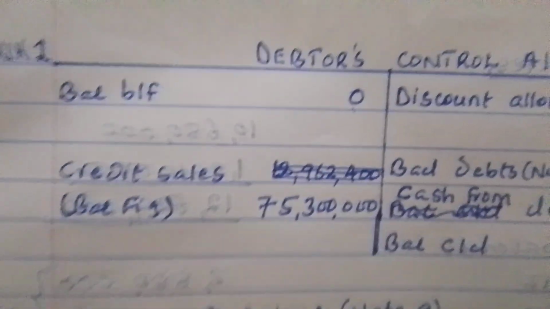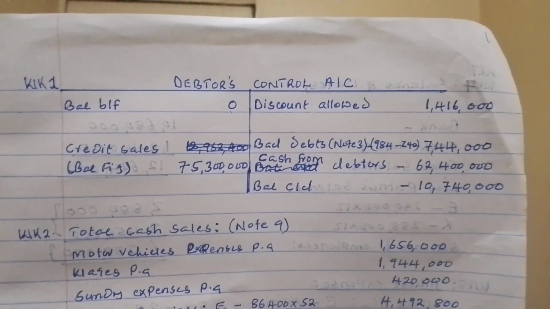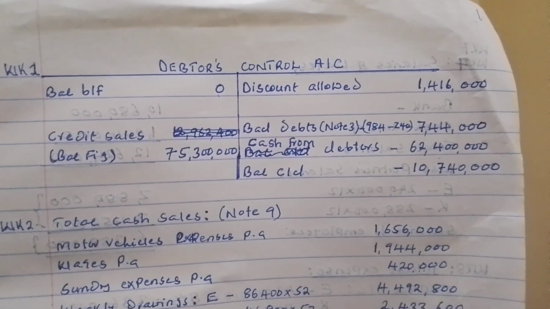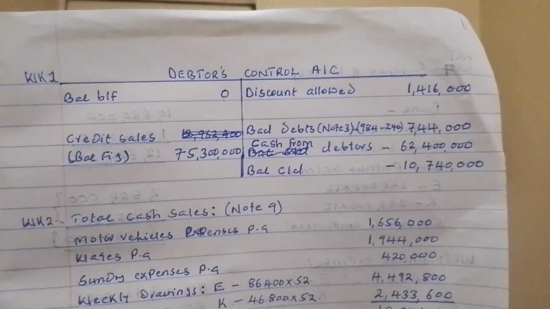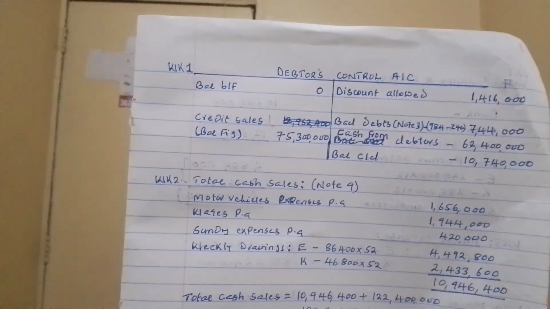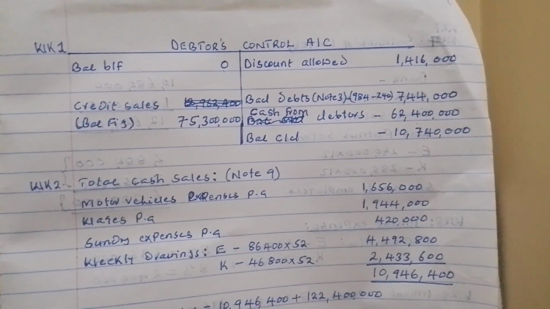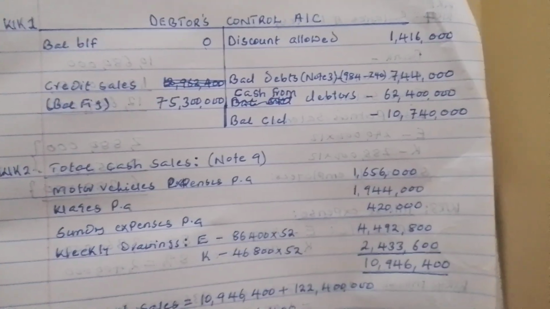Look at working number 1. You'll be able to see working number 1. Balance brought forward on the debit side, you can see it is 0 because the business started 1st January. Then on the credit side, discount allowed, it was given.